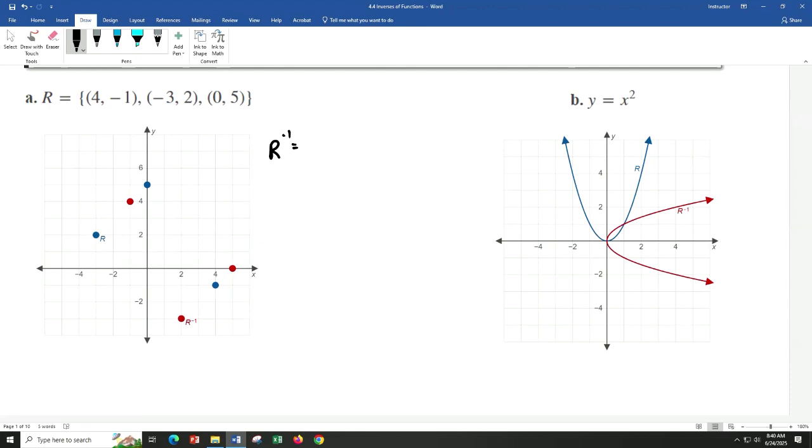So the inverse would be the set (-1, 4). Notice I just inverted them. That's all I did. Okay? I made the X a Y and the Y an X. That's all we did. And that really is the method of inversion we're going to be using.